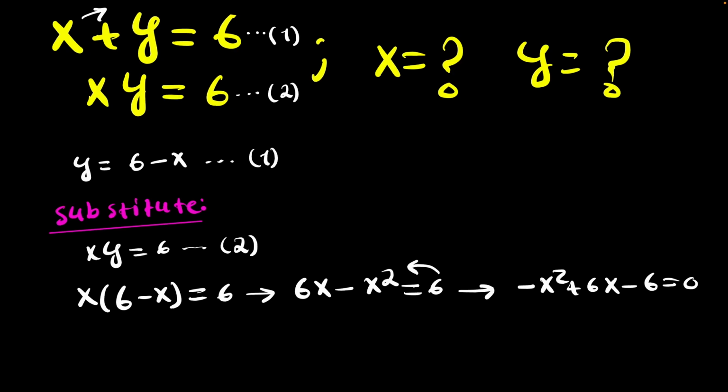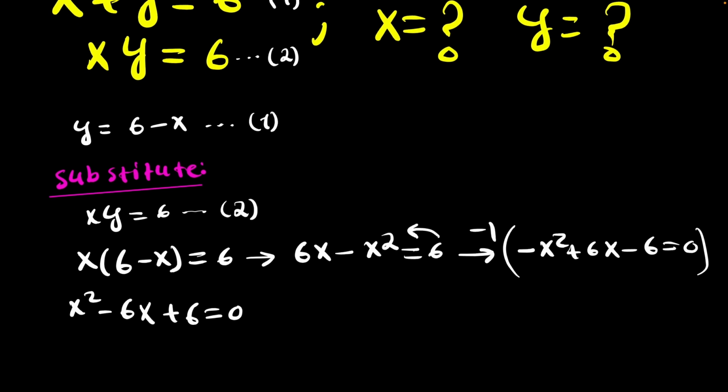In order to remove this minus, I'm going to multiply both sides of the equation by minus 1. So I will get x squared minus 6x plus 6 equal to 0.